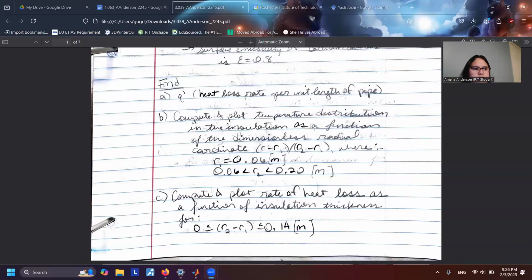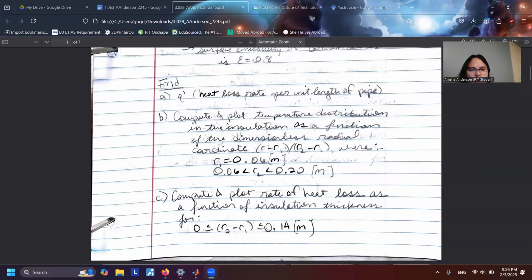So instead of saying, if we have R2 as an example, because R2 ranges from R1 to whatever thickness, that R1 is 0.06 and R2 is 0.12, we're just going to express it as a fraction.